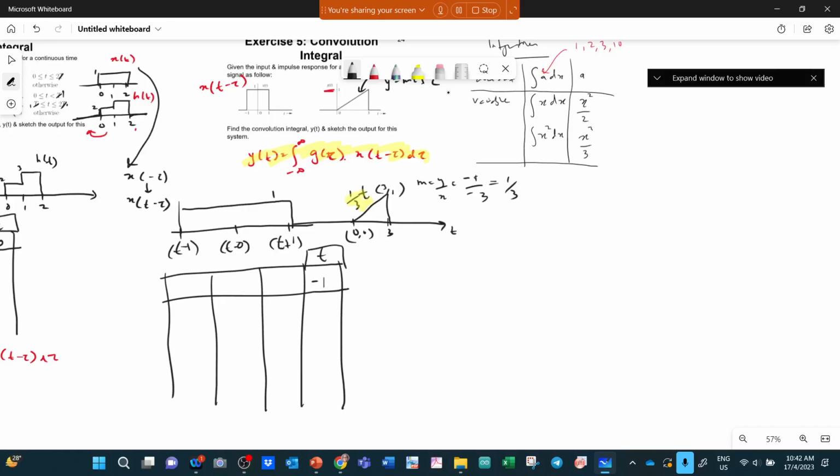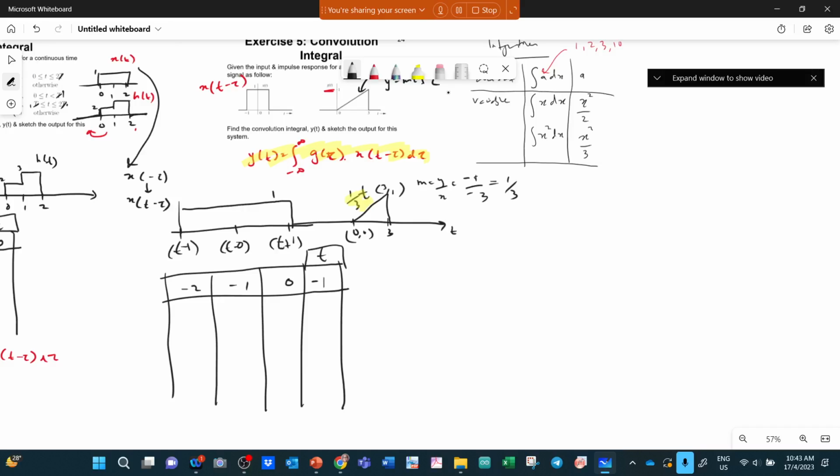Kita start lah minus 1. So minus 1 plus 1 is 0, minus 1 minus 0 is minus 1. Silap, minus 2. Betul tak ni? 0, minus 1, minus 2. Benda simple pun dah jadi susah, leceh.